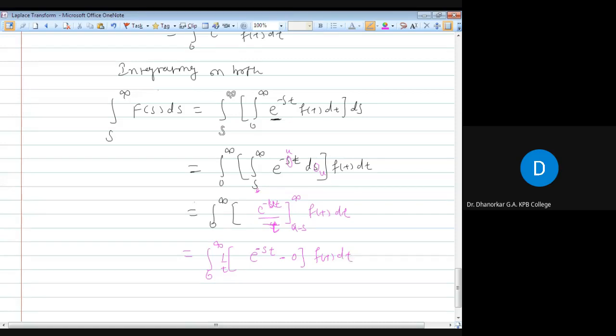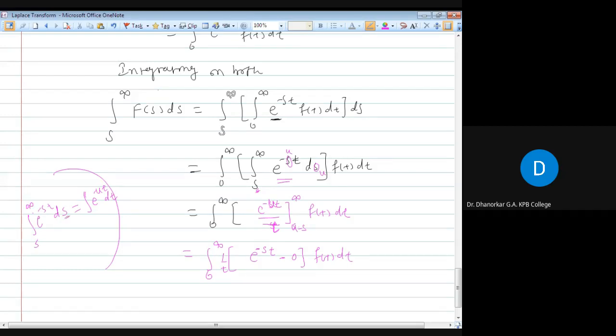Are you following this? Our integration is in this way: integration of e raised to power minus st ds. The same integration we can write as integration of e raised to power minus ut du. That's why I'm changing it, because the limits here are s to infinity.